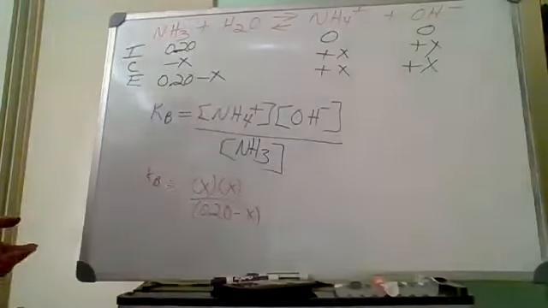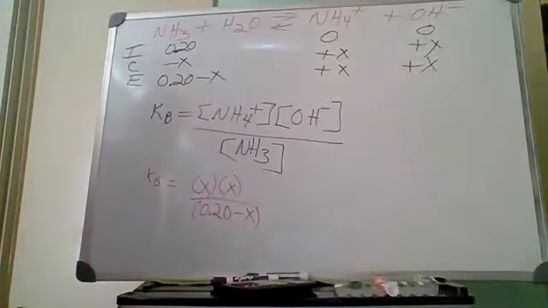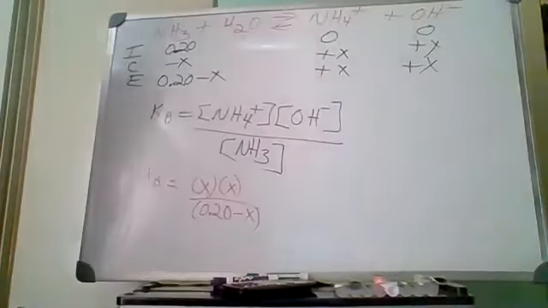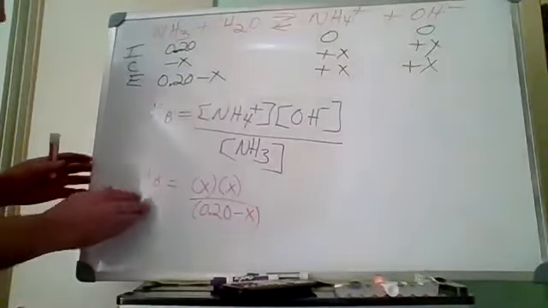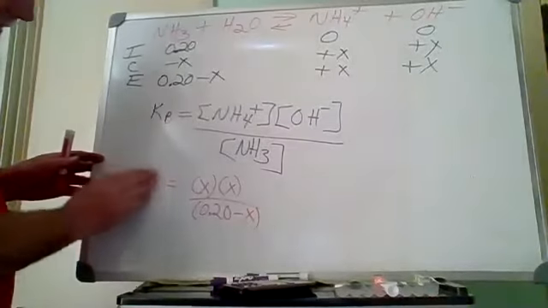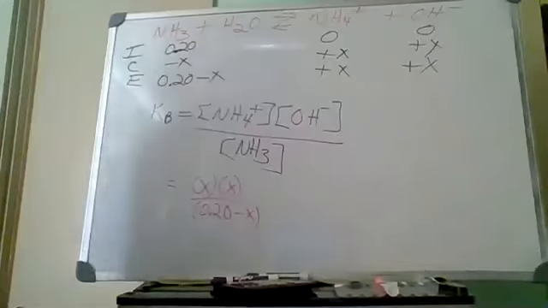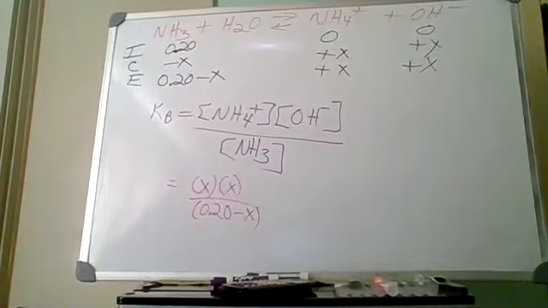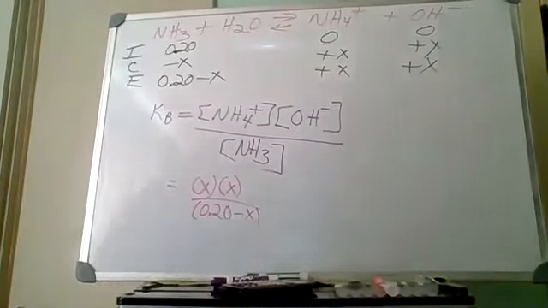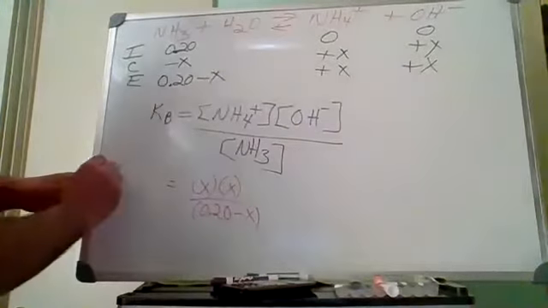Oh, wait, we know what Kb is. Okay, we're okay. Now let's plug in the value for Kb. It's in that table, 16.2. It is 1.8 times 10 to the negative fifth.